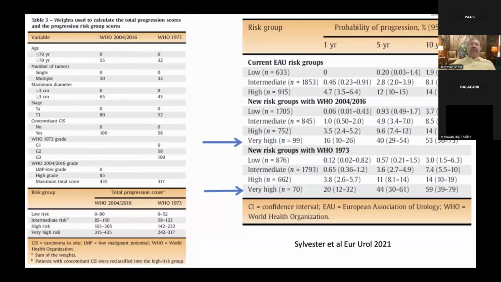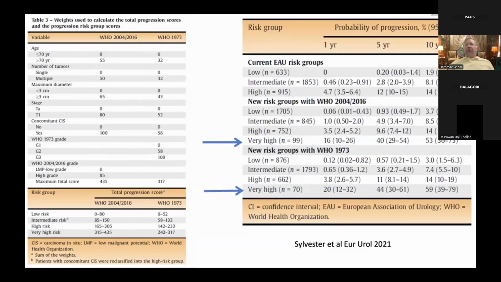The weight is defined in this table, and based upon these weights, if the score is 0 to 80, the progression risk would be low. If it is 85 to 150, it is intermediate, between 165 and 305, high risk, and patients who have more than 315 score were considered very high risk for progression.